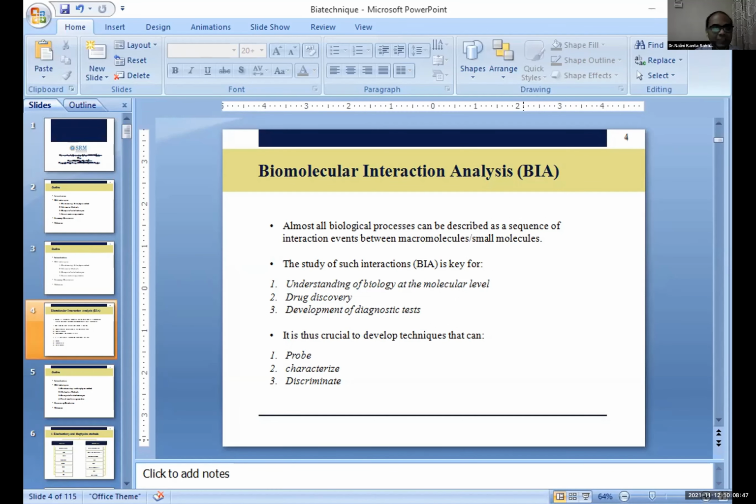Electrochemical methods, as I told you, are nothing but dependent upon electrochemical properties. In this case, what is happening? Biomolecules, when they are exposed to some radiation or some electro source, may form some ions, and due to the movement of ions, electrical properties will be generated, and that may be measured.